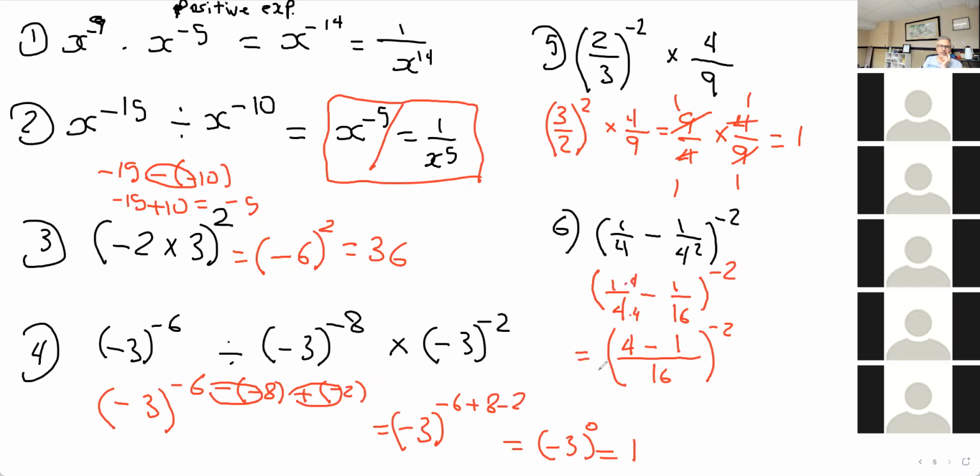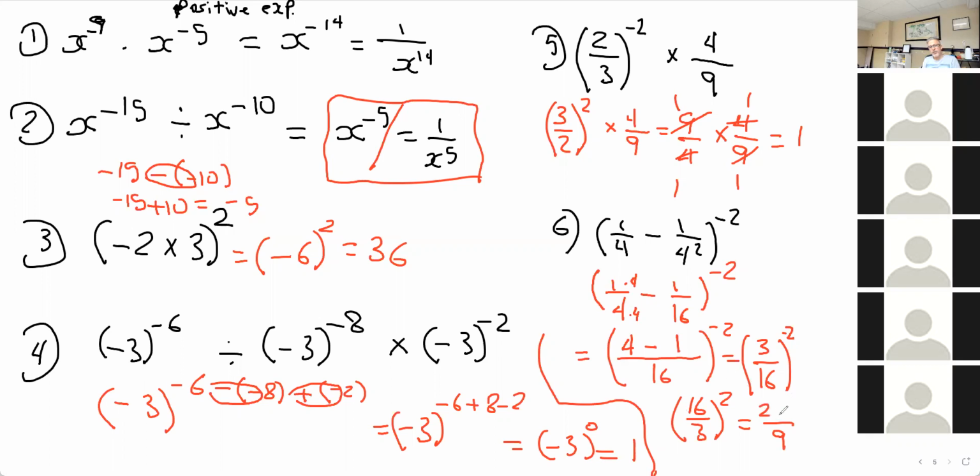That's how I got that. So now 4 minus 1 is 3, and this is 16 on the bottom, to the -2. Which gives me 16/3 squared, because we always want to make the exponent positive by flipping the fraction. 3 squared is 9, and for 16 squared you can just use the calculator. It's 256. So the answer is 256/9.